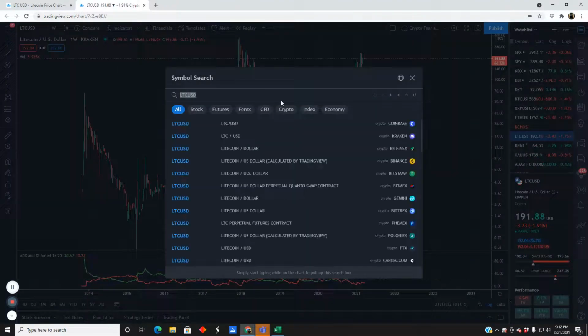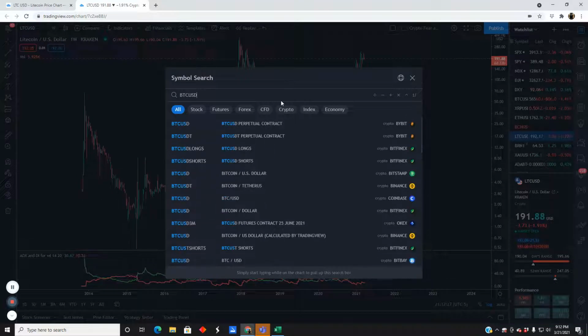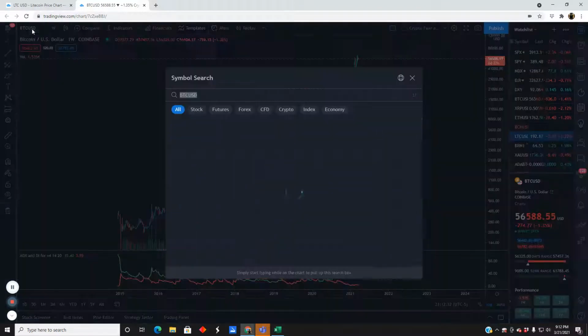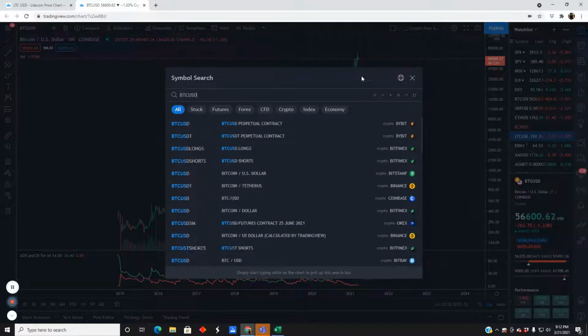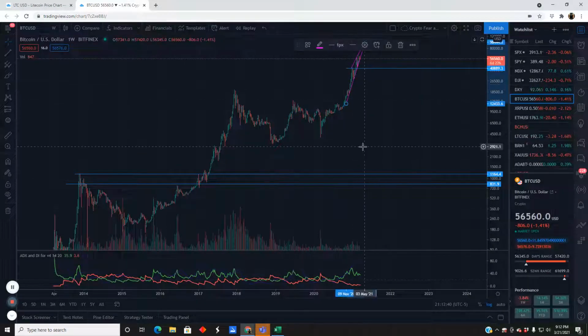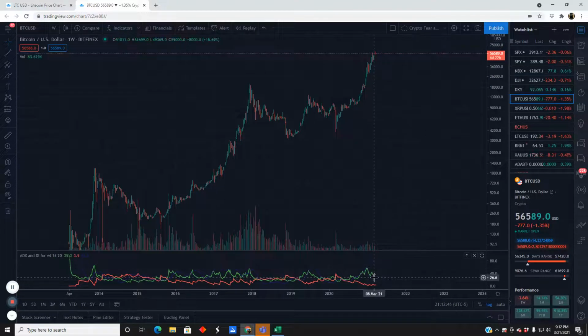And you can do this with anything. You can do it with BTC. Let's get one that I don't have anything on it. Let's try Bitfinex. Okay. So see, kind of the same thing here.